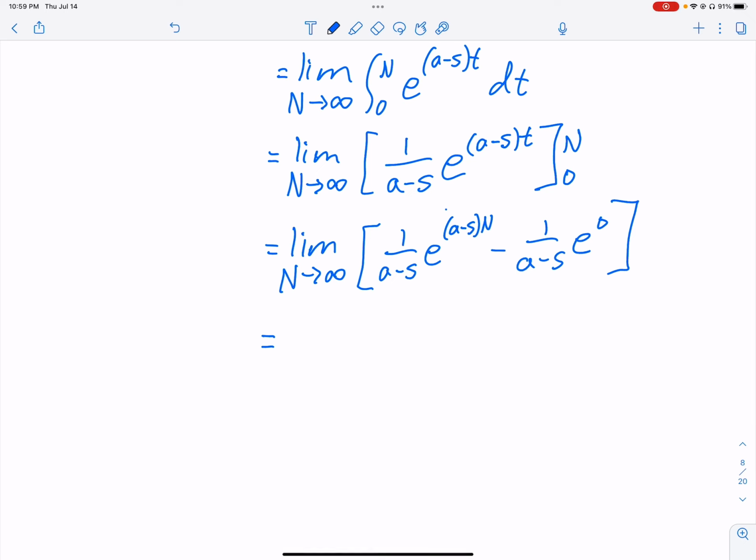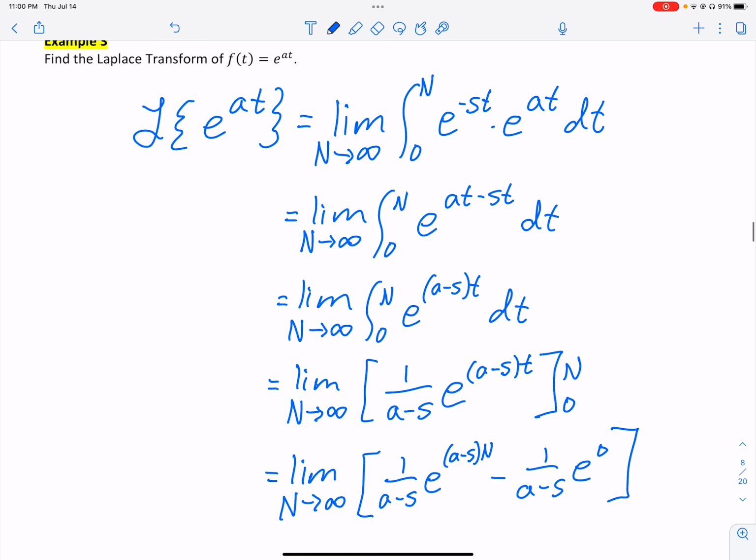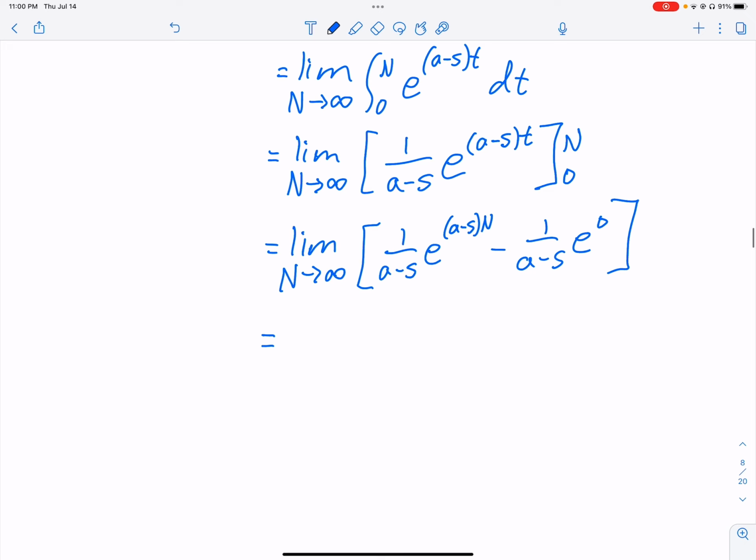What happens here is we could think about it a couple different ways, thinking about as n goes to infinity, and a minus s. All right. What's going to end up happening is some things cancel out here. We show a minus and a plus, and we're going to get 1 over s minus a. This is when s is greater than a. There we go. All right.